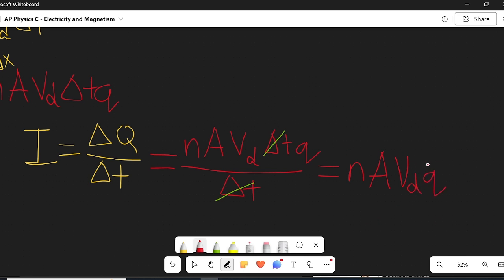So this is the formula for current, and this is what we're going to be using to solve for later equations. So it will look something like this.